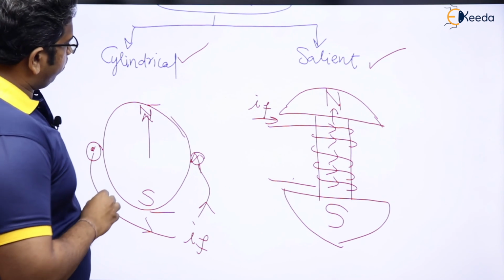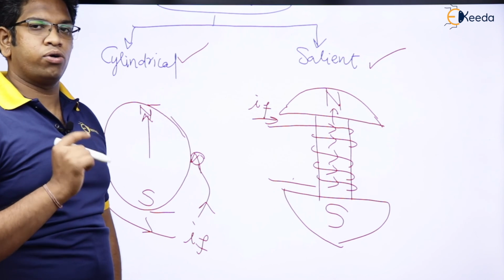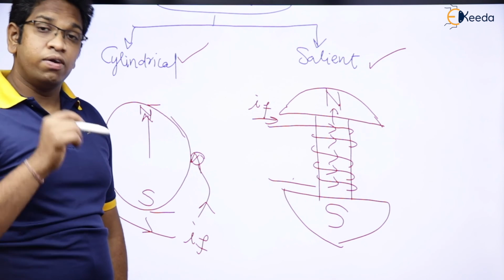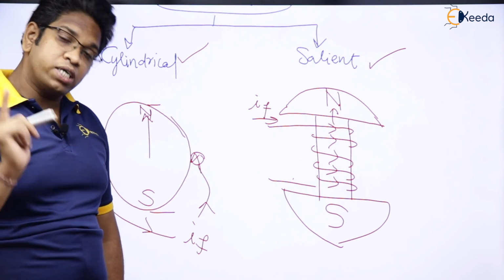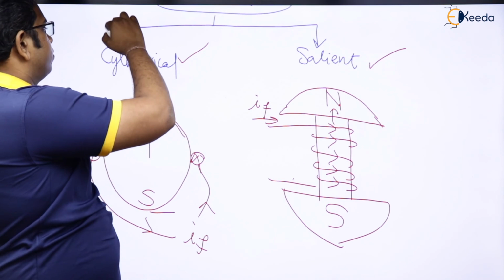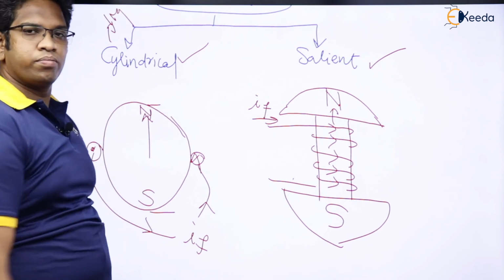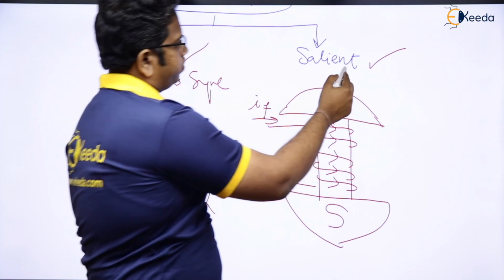When we talk about these two rotors, cylindrical rotor as well as salient rotor, they will be used in synchronous machines. Whereas in induction machines, we don't use both of them, we use only cylindrical. And in synchronous, we use both of them.